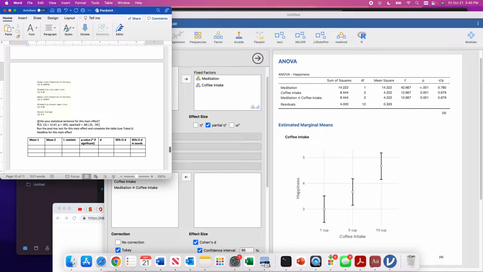All right, I'm going to subscript partial here. You can do that in your programs as well. I'm going to superscript the 2. Perfect.